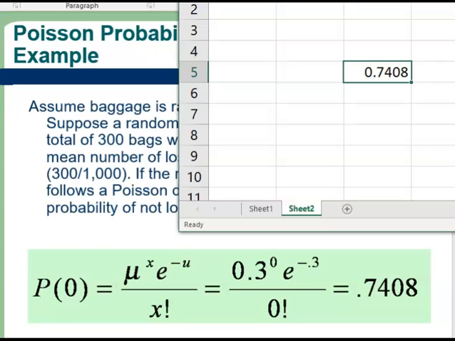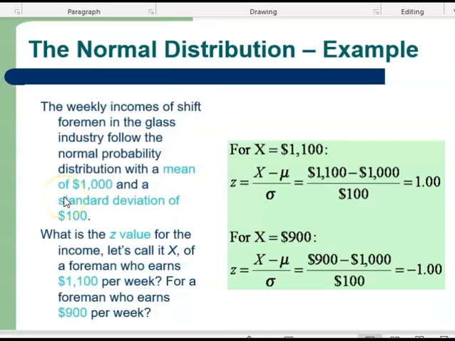Okay, for normal distribution. Alright, so here we have a few examples. The weekly income of shift foreman in glass industry follows the normal probability distribution with the average of $1,000 and a standard deviation of $100.